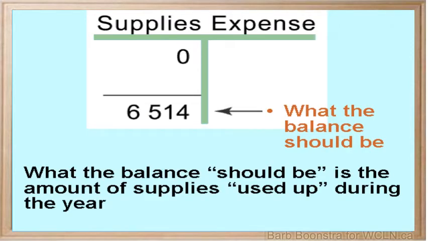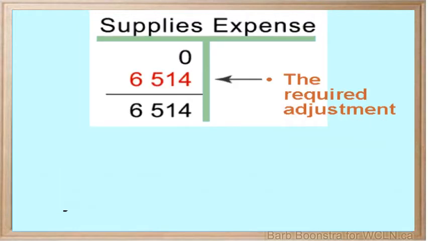Your journal has to show this figure. In order to do this, you must credit the supplies account by the amount to make the adjustment. The supplies expense figure should also be what you used during the year, and you just figured that out, that you used $6,514 worth of supplies.